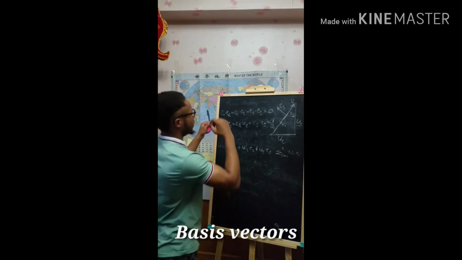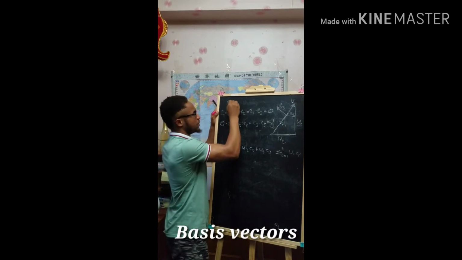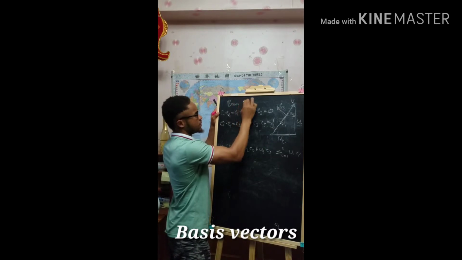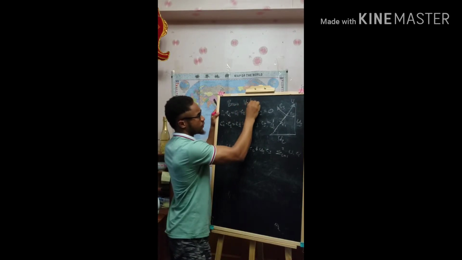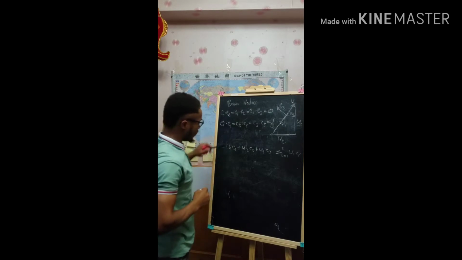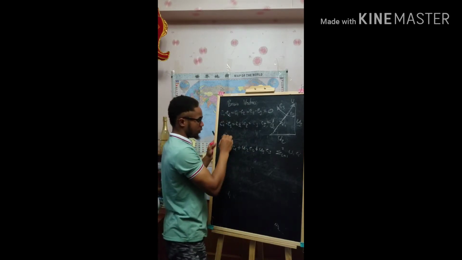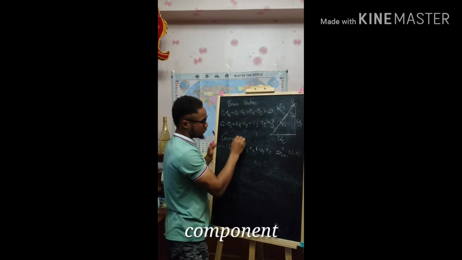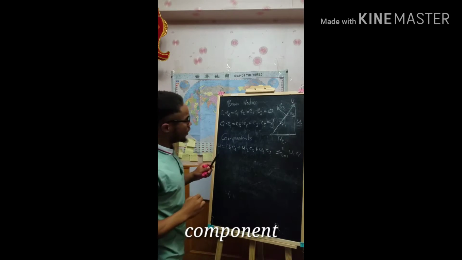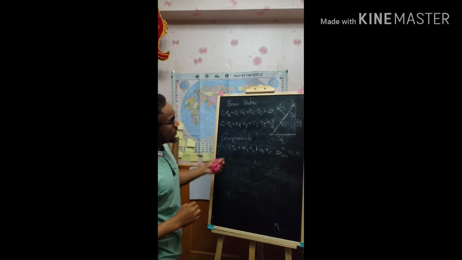This equation, that's what we call the basis vectors. And this equation, that's what we call components. What does it mean?